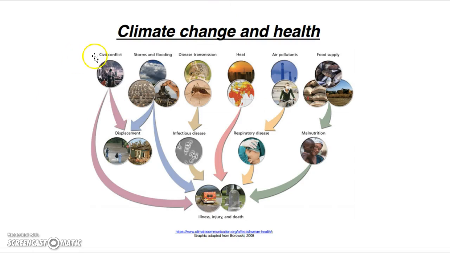It is believed, studies have been done to show a connection between global warming and civil conflict as arable land becomes scarcer, with extreme events of storms and flooding. Both of these can result in the displacement of peoples, which puts great stress and hardship on humans and families.